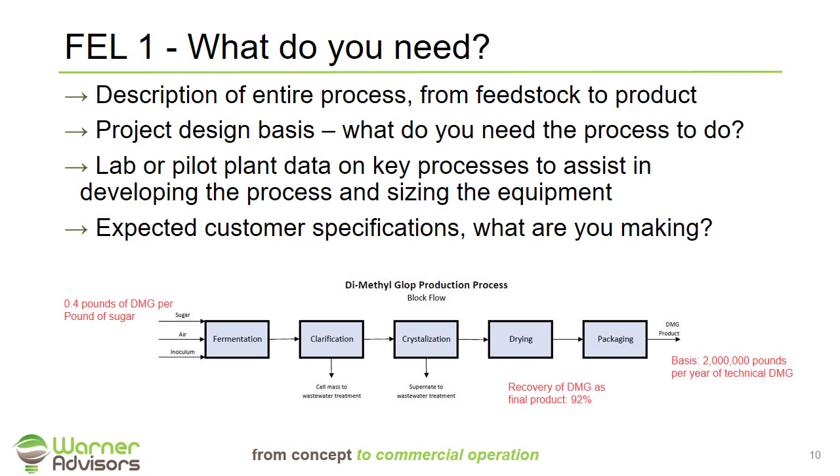Based on some of our preliminary lab data, we also already know that once we make the dimethyl glop, we're going to have recovery in the range of 92%, meaning for every 100 pounds of dimethyl glop produced in the fermenters, we're going to get about 92 pounds of that out as final product. And finally, in FEL1 I don't have to have data for the entire process, but I usually have to have it at least for a lot of the key processes. In this case, it would be fermentation, clarification, and crystallization.